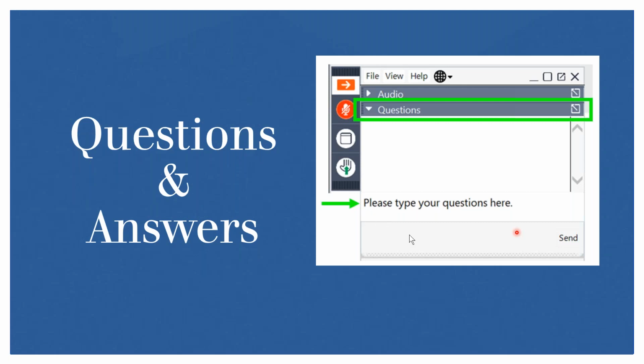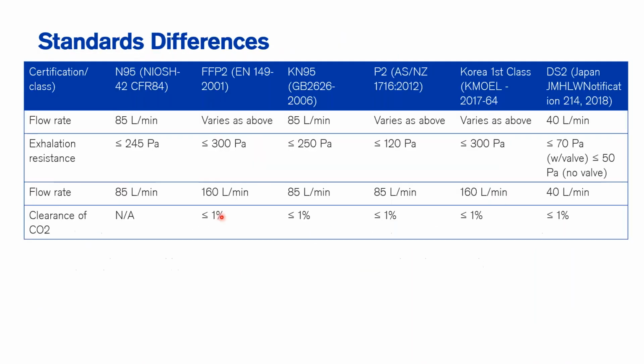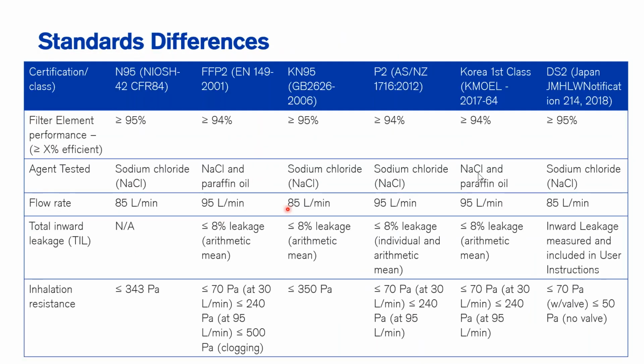Okay, so what is the main difference between N95 and KN95? Let me go back to the table itself again. Let's look at this table. Both N95 and KN95 have a total inward leakage test, which means they test whether, with air coming in, there is any leakage from the sides.